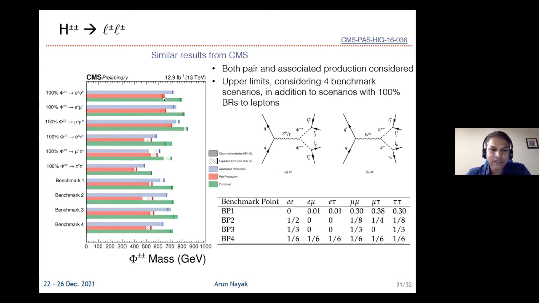There are limits set which vary from around 500 to almost 700, 800, and so on. So one has to interpret it in different models.